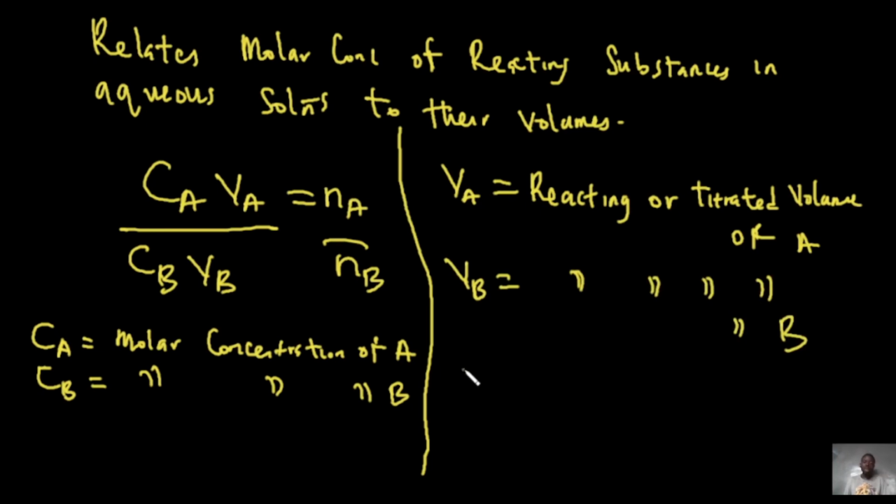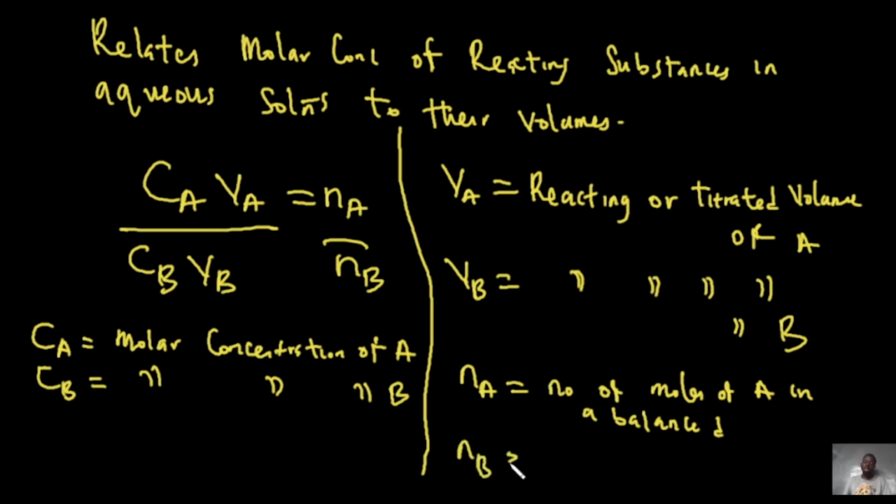Then finally we have Na and Nb. Na is simply the number of moles of A in a balanced equation. Which means that before we get to find Na, we need to balance the equation, and any number of moles we get from there in a balanced equation is our Na, which means Nb is going to be the number of moles of B in a balanced equation.